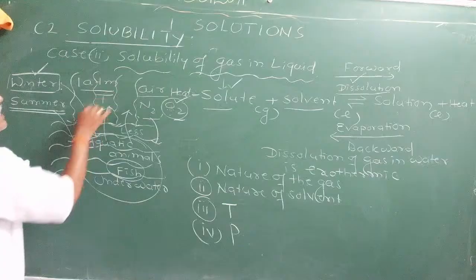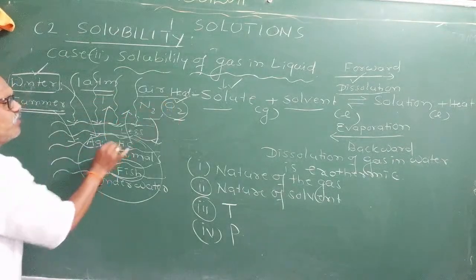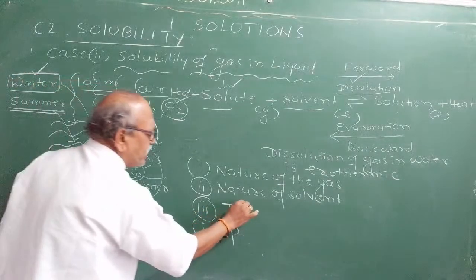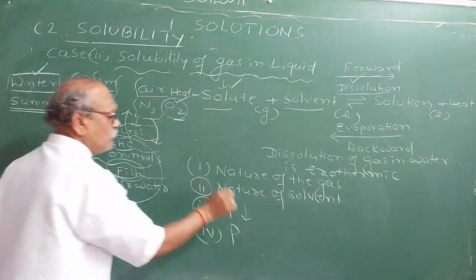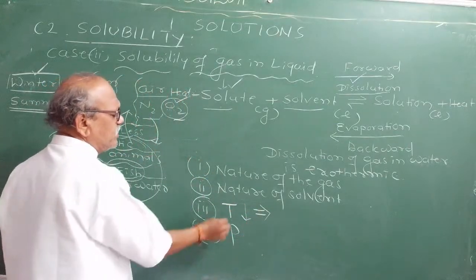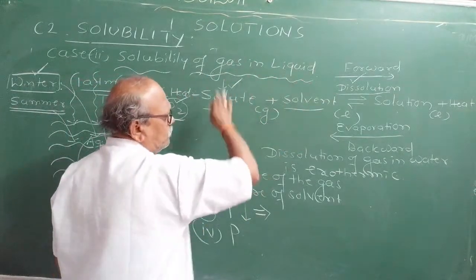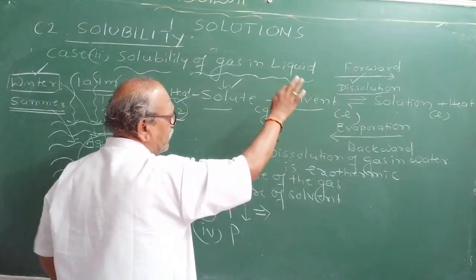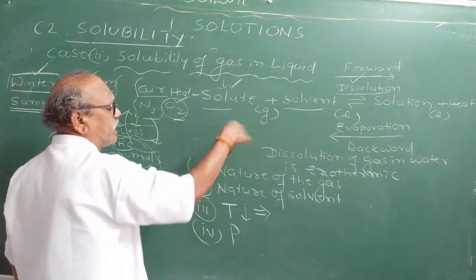and in the winter season, as the room temperature is low, the dissolution of oxygen in water, see, when the temperature decreases, according to Le Chatelier's principle, which one will be favored? Just now we discussed. Now it is in equilibrium, the solution is already saturated, so according to Le Chatelier's principle, what happens?